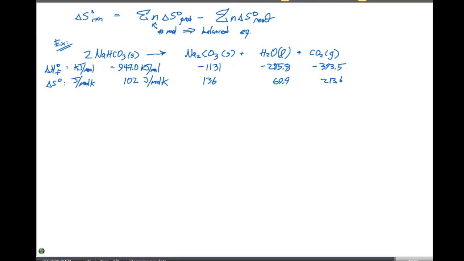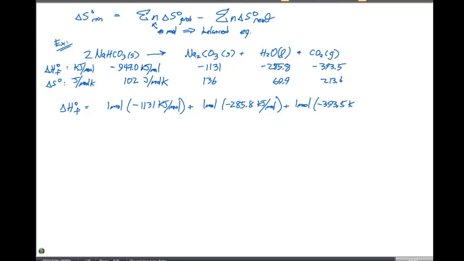So if we want to calculate our delta H naught of formation, it's going to be the sum of the products minus the sum of the reactants. So we're going to have, in terms of our products, 1 mole times negative 1131 kilojoules per mole plus 1 mole times negative 285.8 kilojoules per mole plus 1 mole times negative 393.5 kilojoules per mole.